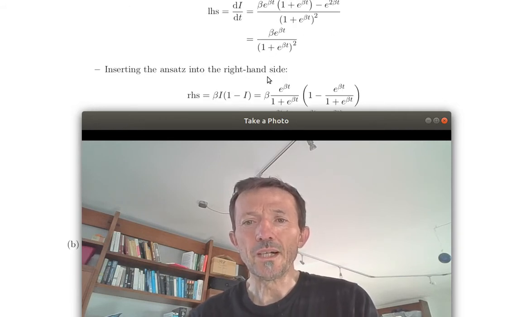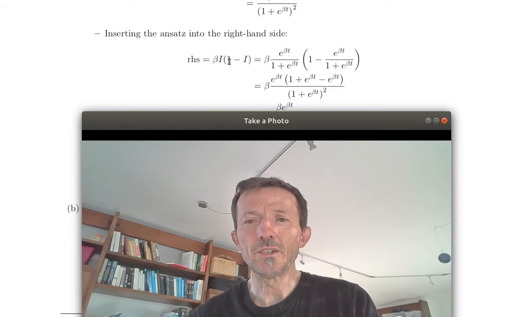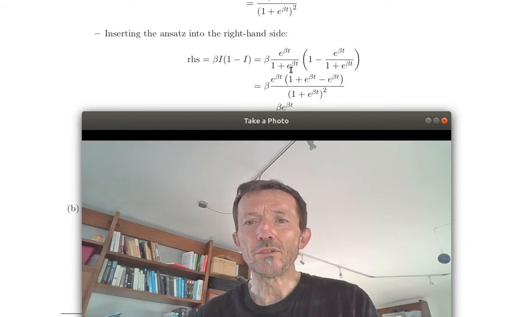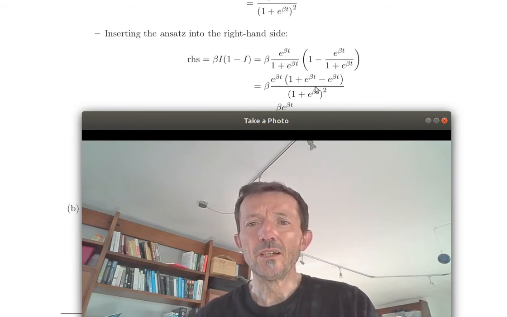We do the same with the right hand side, just inserting the I of t, that means exponential beta t divided by this denominator, times 1 minus the ansatz. Now, because we want to have the same denominator as here, we put everything to the common denominator 1 plus exponential beta t squared.